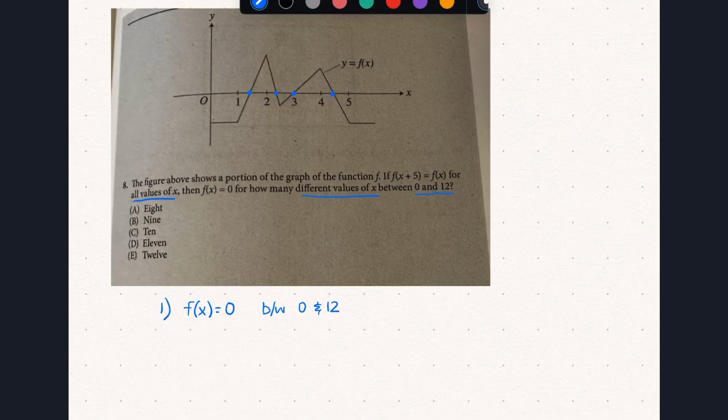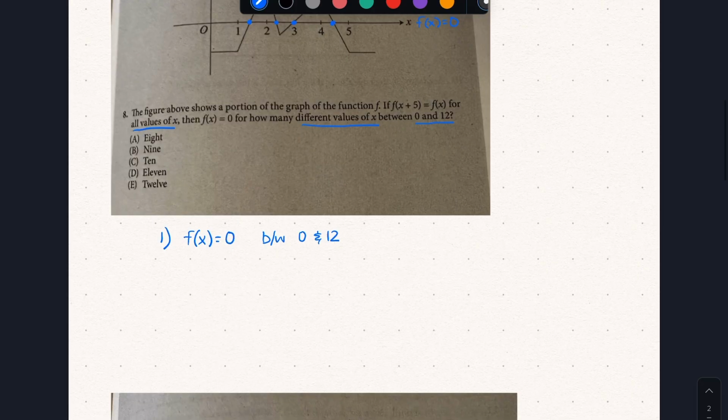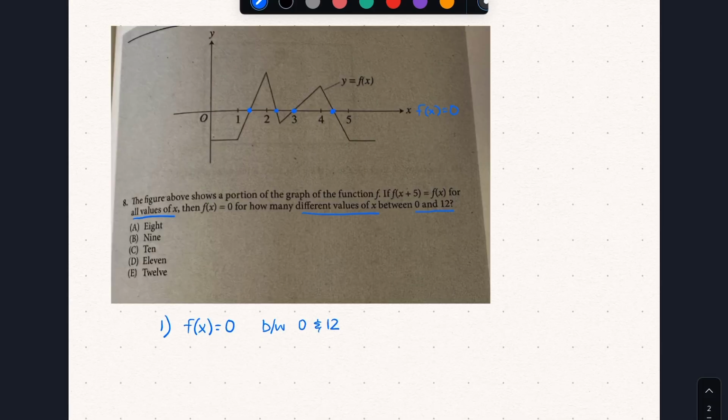What we're essentially saying here is, what values exist when plugging in an x value gives us a y value of 0? When does it cross the x-axis? And how many of those values are different? How many different values exist between 0 and 12?